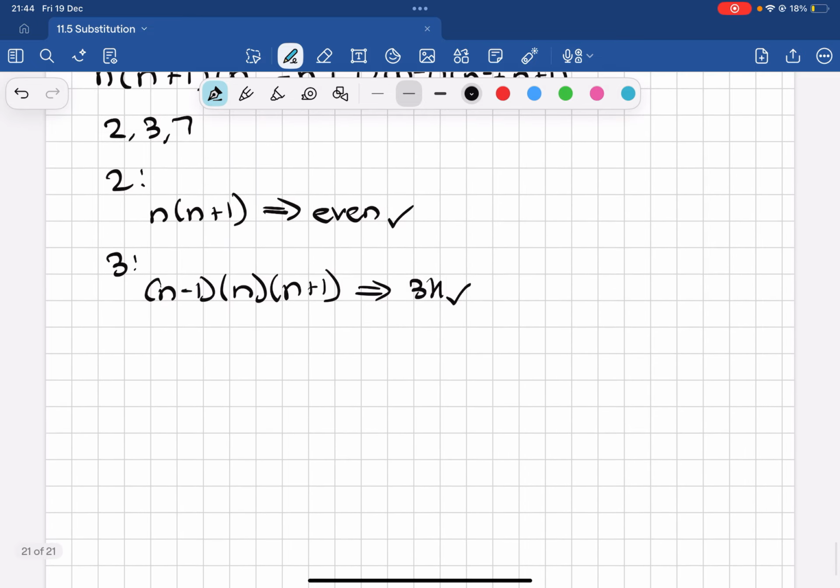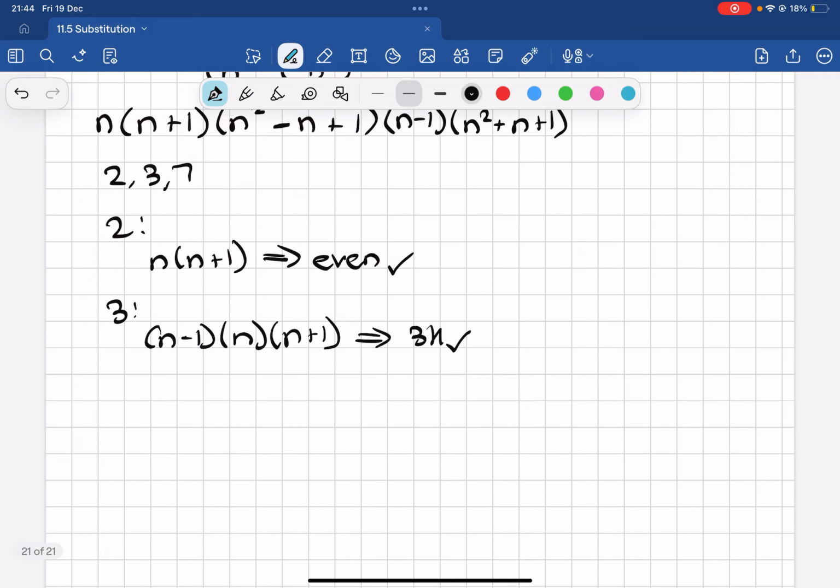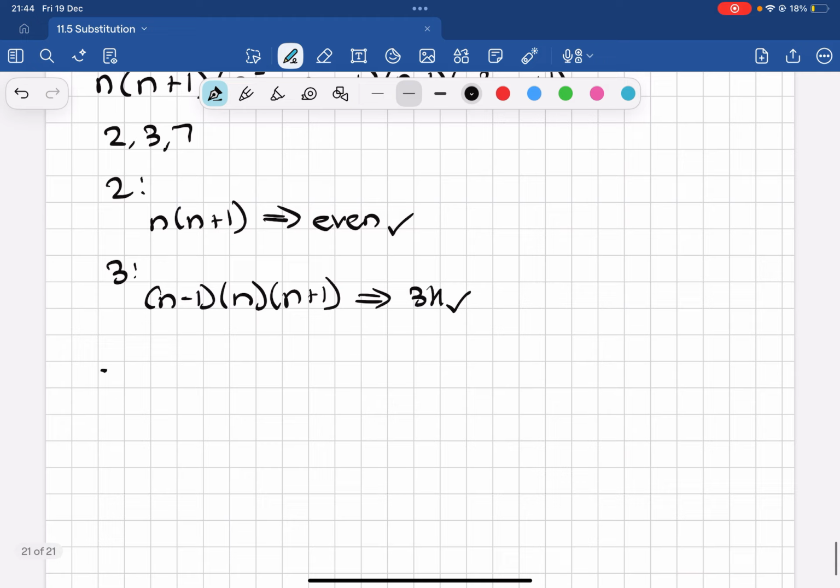We have a few different values that n can hold when we're dealing with mod 7. We have 7k plus 0, 7k plus 1, 7k plus 2, 7k plus 3, 7k plus 4, up until 6.